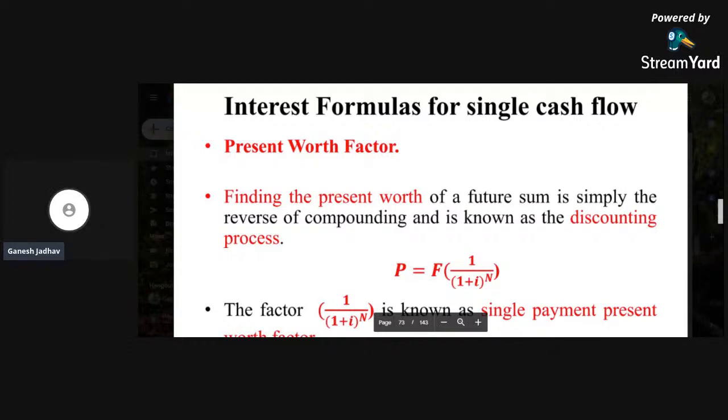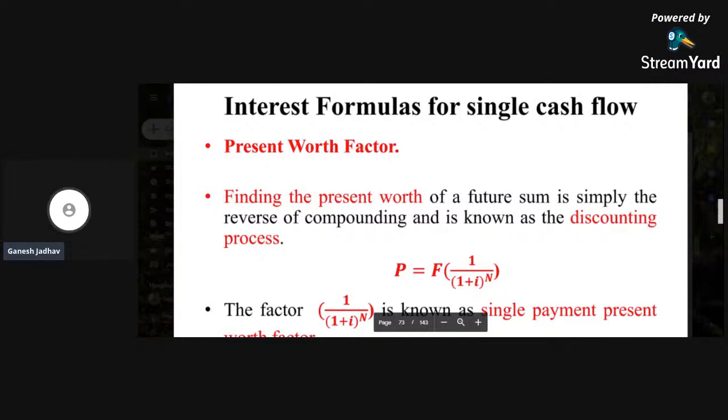So this is the actual method to find out your primary value. You can calculate the final value by adding the interest, but in this example you have to find out your primary value.